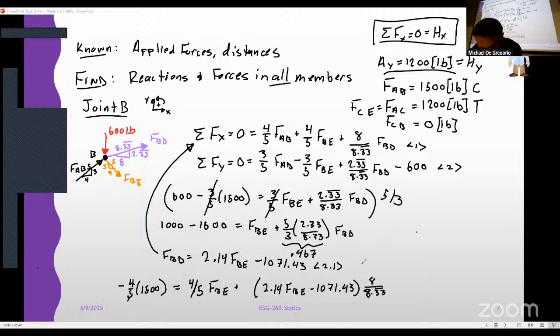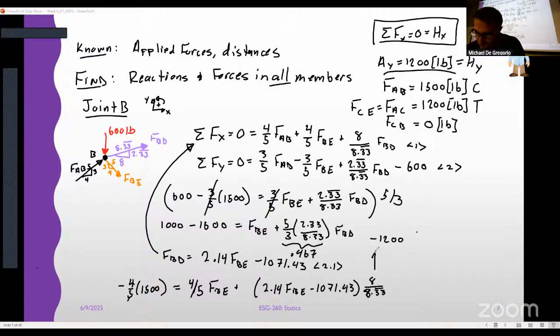We can punch them out, and we will get less gross numbers. So we'll get negative 1,200. We're going to go up here now. Negative 1,200 is equal to 4/5 FBE plus 2.05 FBE minus 1,028.57.